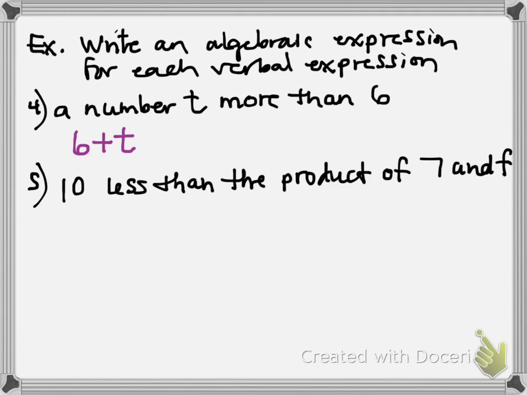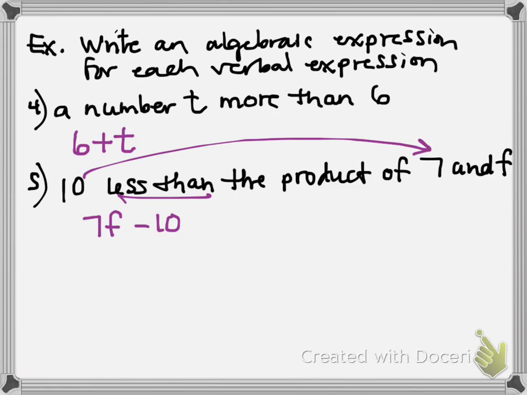Jackie. 7f. Wow, no hesitation. Good job. So the "less than" was the giveaway of the switching. So again, this is telling you to switch. The "and" says group those two together. In the math, it tells you which was product. Okay. So that's what we're watching out for when we're doing this.